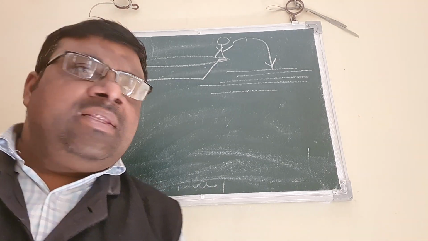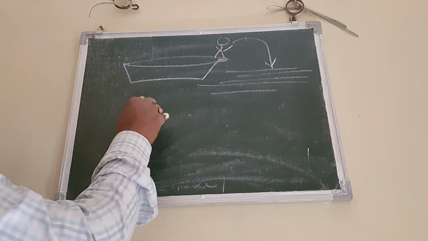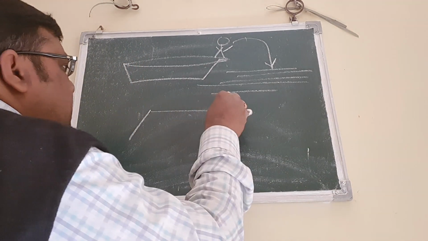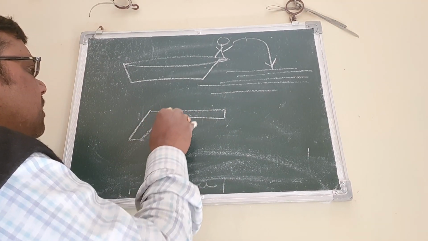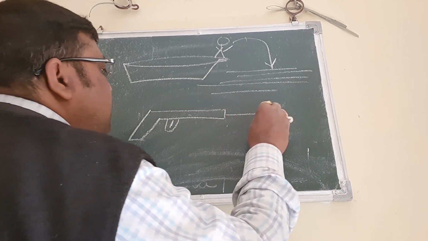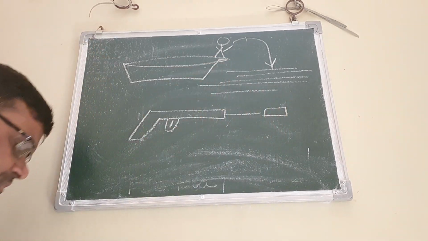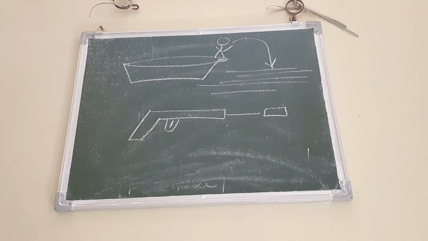Now suppose there is a gun, this is the gun, and a bullet is fired from the gun. Suppose this is the bullet. The bullet is fired from the gun at a very high velocity.